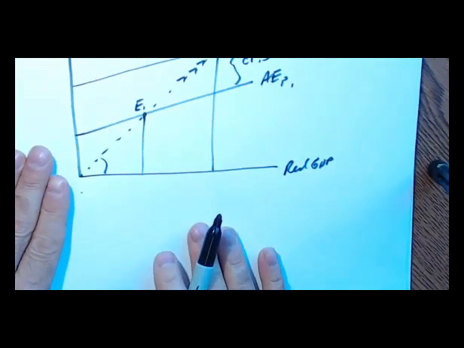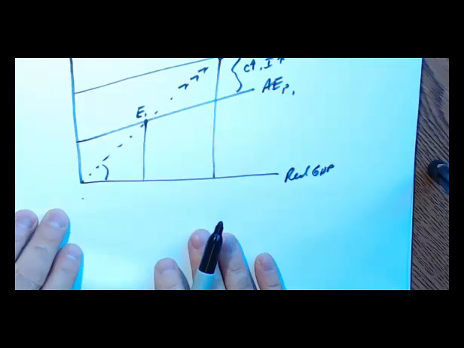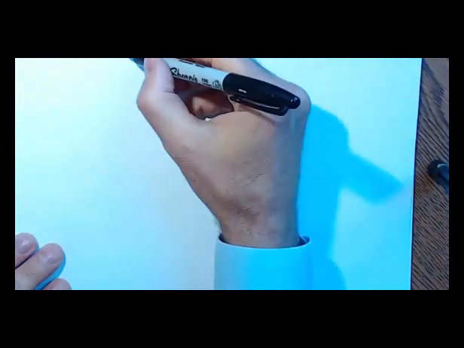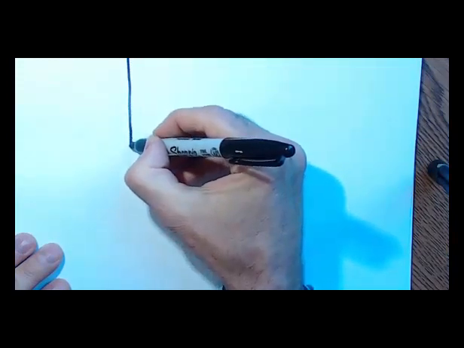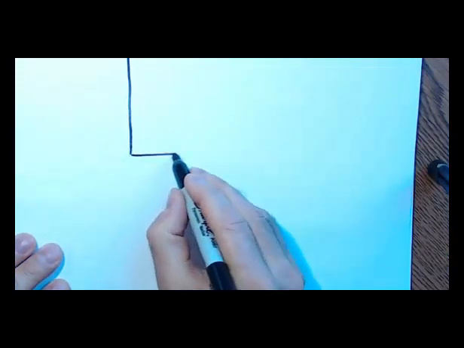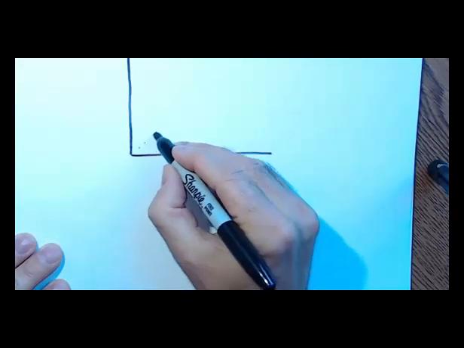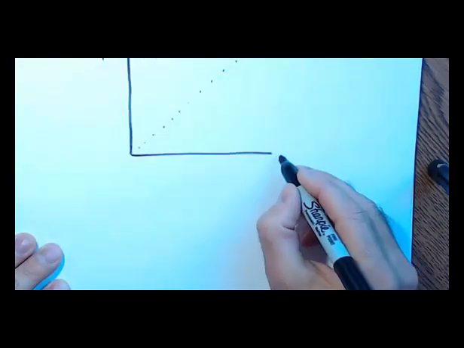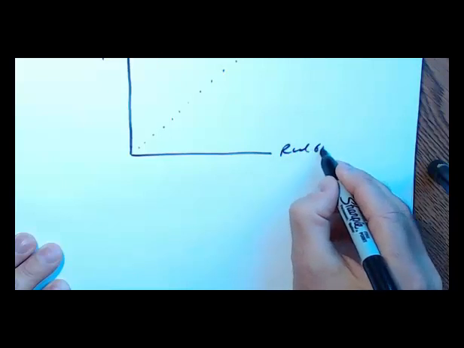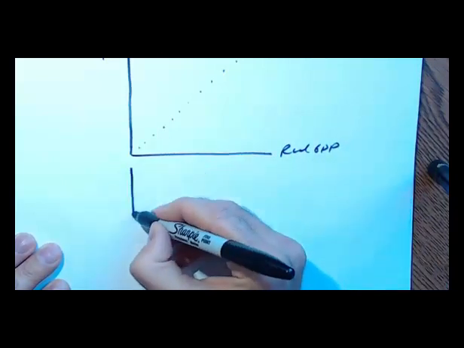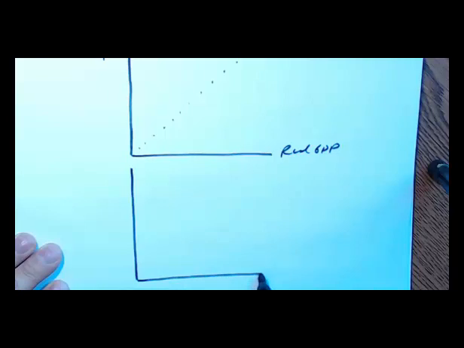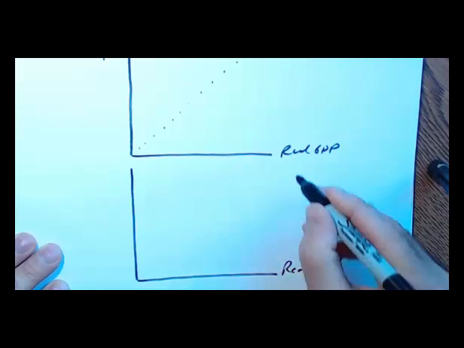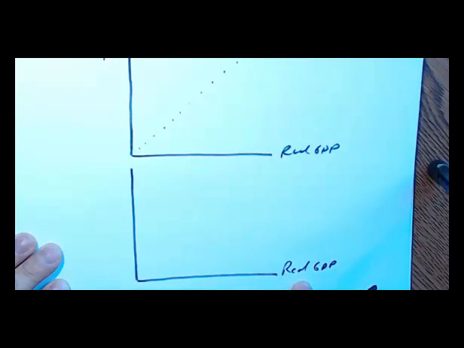Now what we want to do is redraw it a little smaller, and I'm going to stack my graphs up now. I'm just going to redo what I just had there, and I can stack them because they have the same x-axis, real GDP.